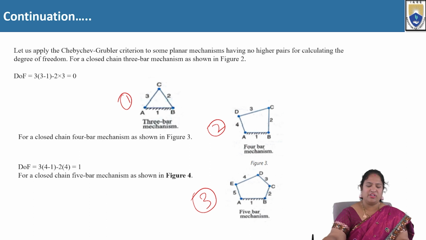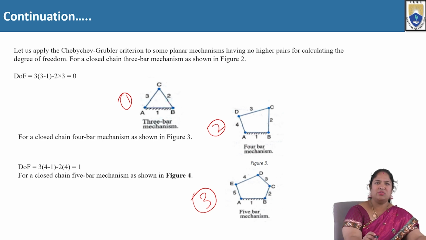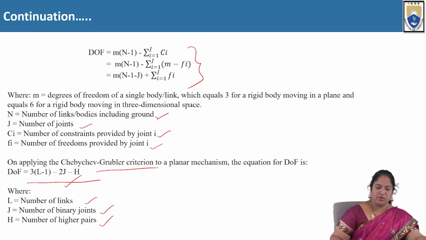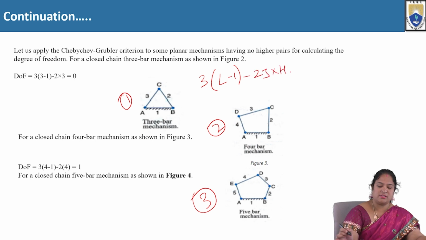It is a 3-bar mechanism, so the number of links is 3 and the number of joints is 3. What is our equation? 3 into (L minus 1) minus 2j minus h. This is the formula.